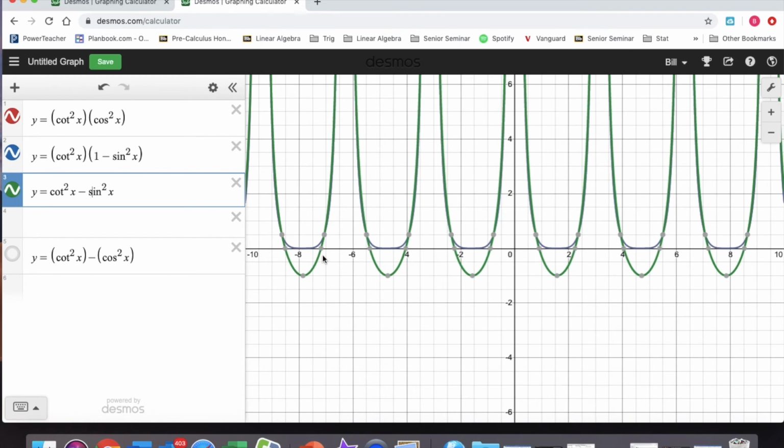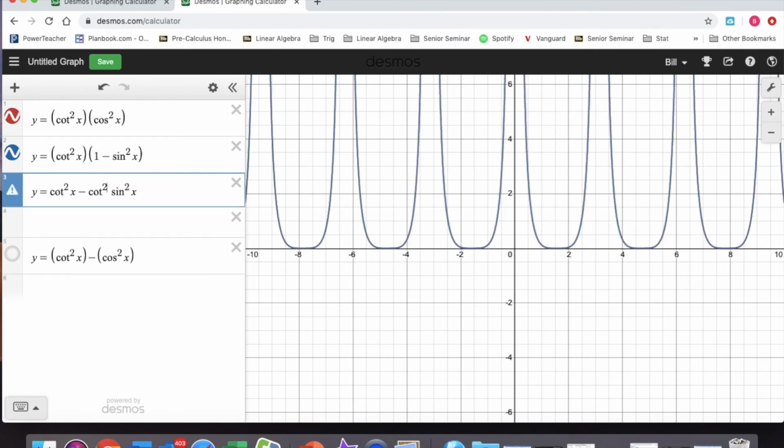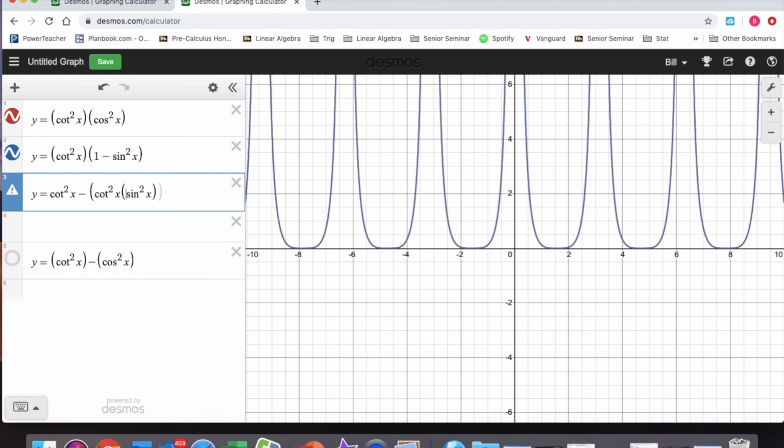You can see the graph changed on the right there as I was typing, because I didn't quite finish my typing. Cotan squared multiplied by 1 is cotan squared, and cotan squared of x multiplied by sine squared of x. I need some parentheses here for Desmos, to make it happy. There you go.